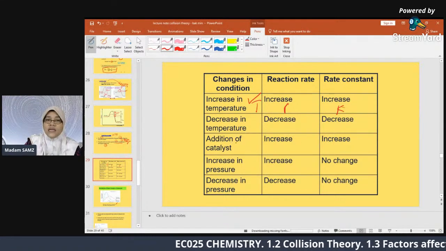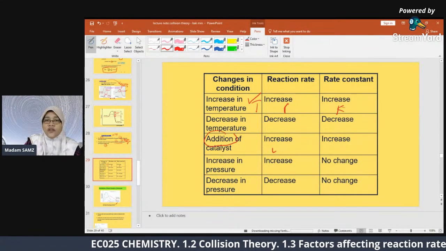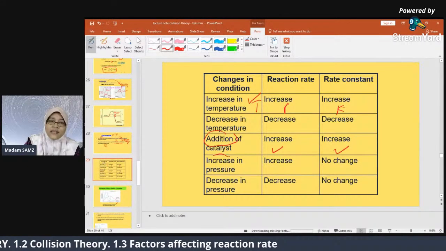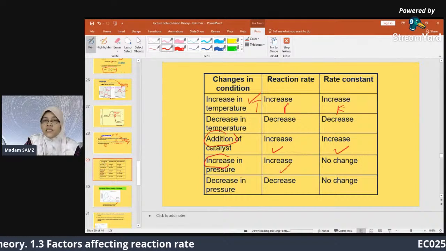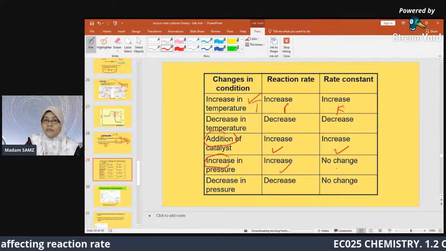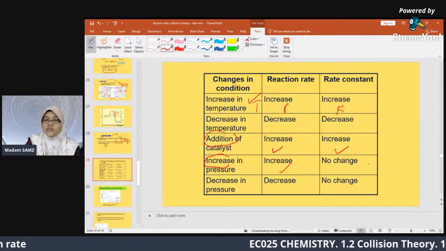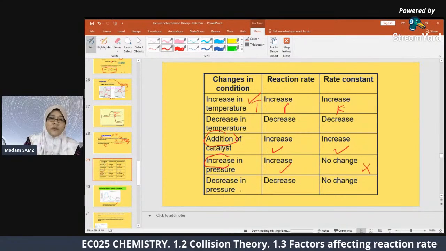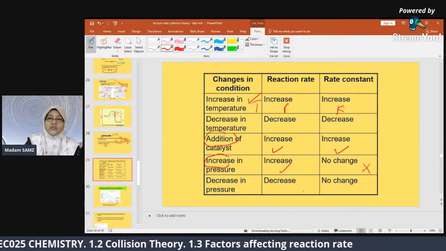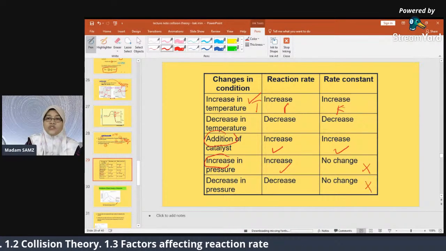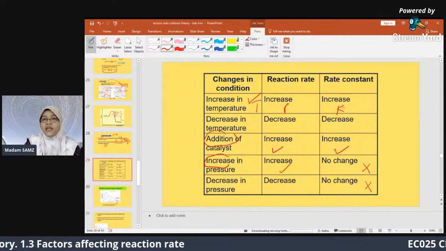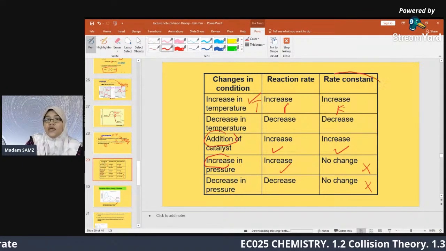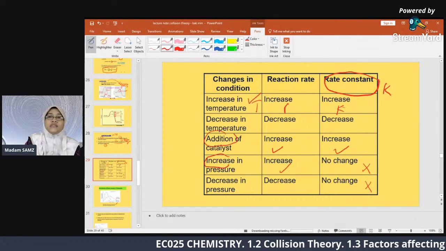Addition of catalyst will increase the rate of reaction and also increase the rate constant. Increasing the pressure also increases the reaction rate, but the rate constant is not changed at all. Decreasing the pressure will decrease the reaction rate, and the rate constant is not changed. So here we can see that only temperature and catalyst will affect the rate constant.